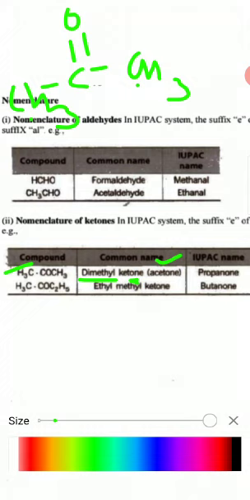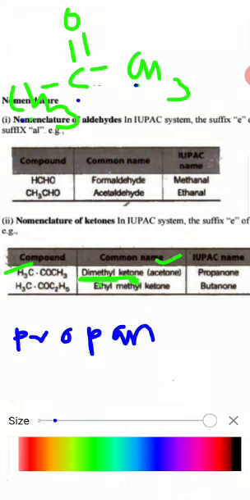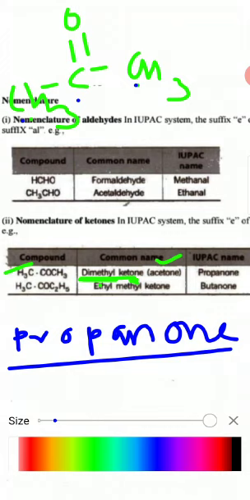But for the IUPAC name, see carefully, 1, 2 and 3 carbon atoms are present, hence the parent alkane is propane. As we know, E is replaced by ONE, hence the IUPAC name of this compound is propanone.